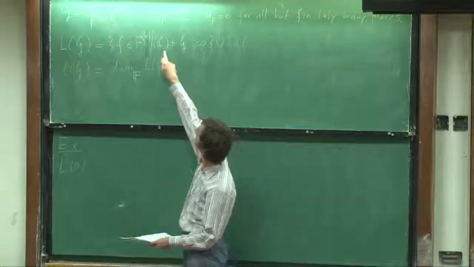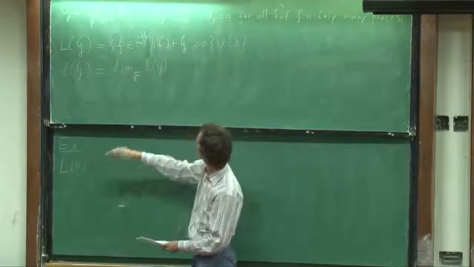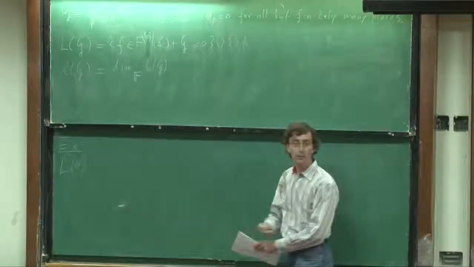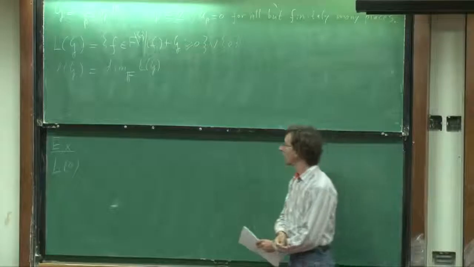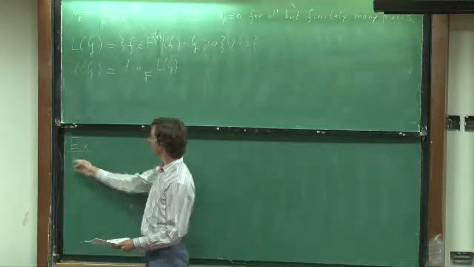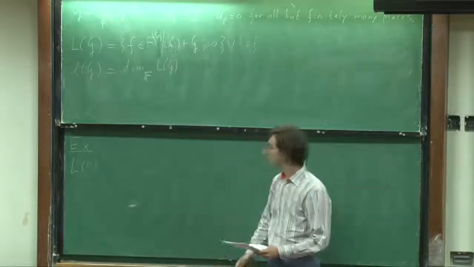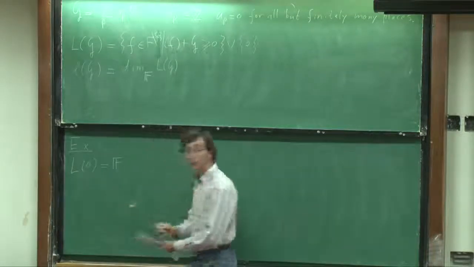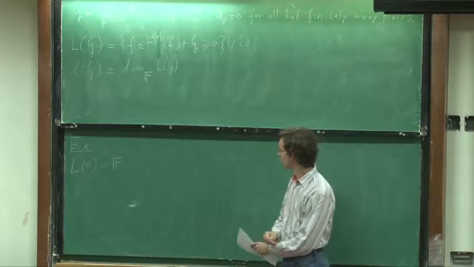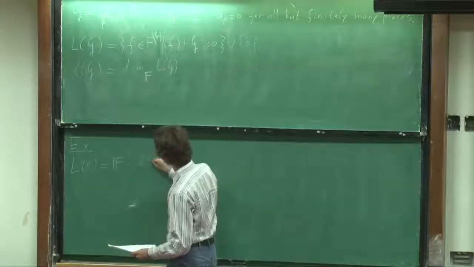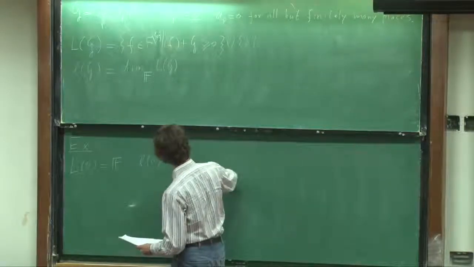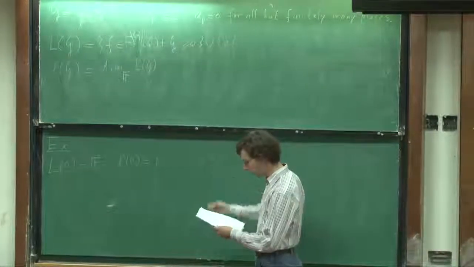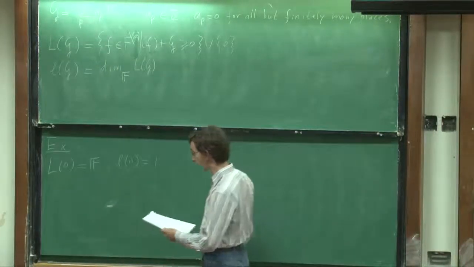So any coefficient in this divisor should be positive or 0. It really means that we are looking at all the functions without poles. And that is only possible if you look at the constants themselves. So in particular, this is going to be 1.